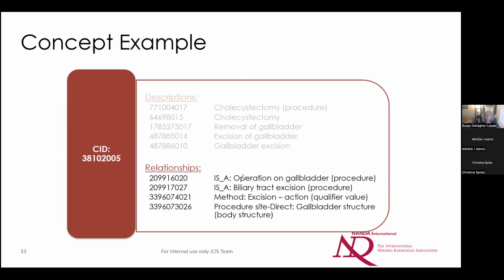And let's stop here for a moment, because it's not only the definition of the term, but these defining relationships can be used for retrieval for secondary use of these terms if you're doing any kind of research. So let's say you're doing a research project on a nursing intervention for, I'm going to use my pressure injury again, and you want to know everyone who has a pressure injury of the lower extremity.